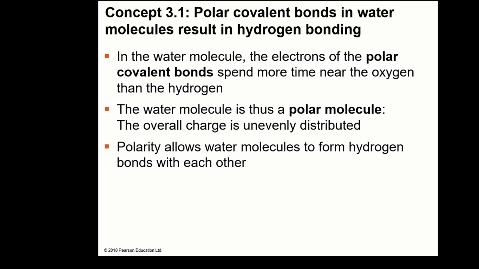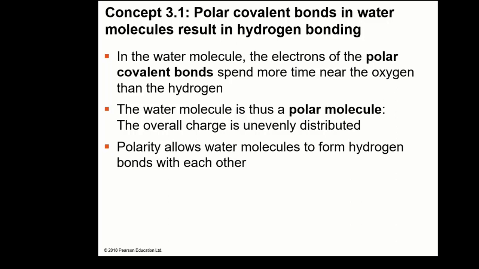So the water molecule is a polar molecule, and the overall charge is unevenly distributed. So it's not equally distributed, just like Van der Waals interaction, which we talked about previously. And the polarity allows water molecules to form hydrogen bonds with each other.